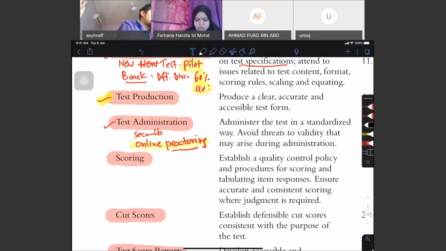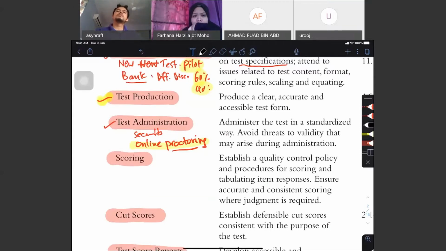And this software can detect eye movement, facial movement and whatever, so we can suspect who is trying to cheat. They can block the laptop from opening Google. So many things.